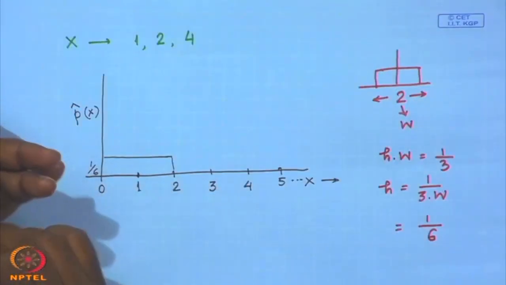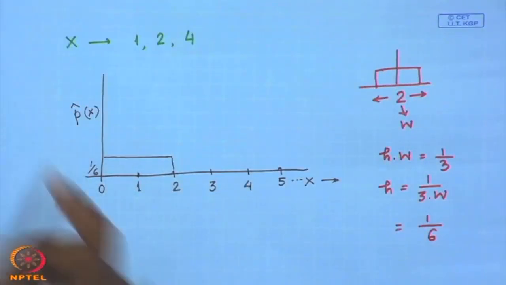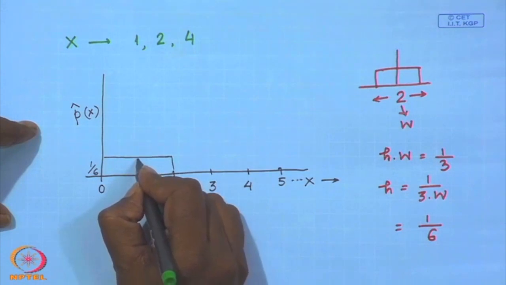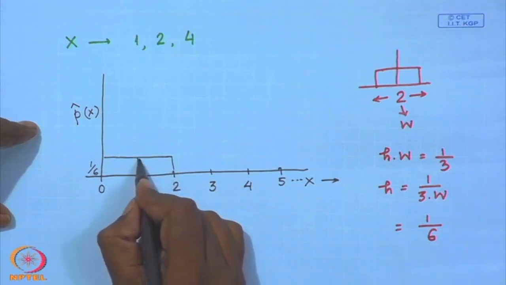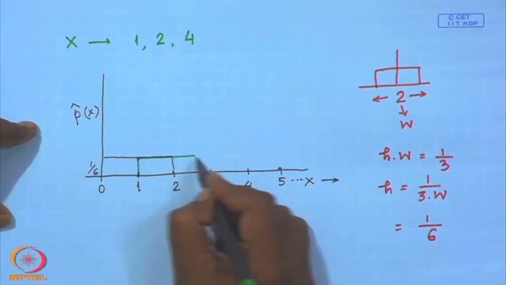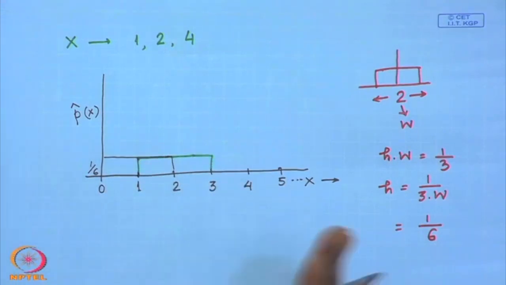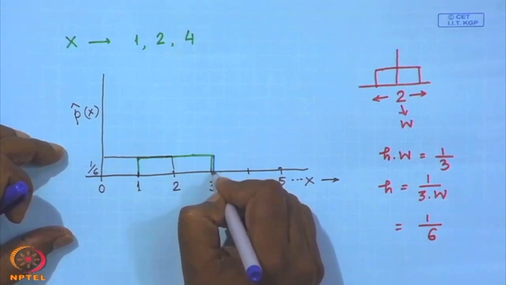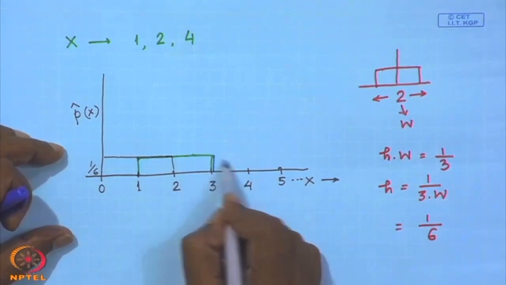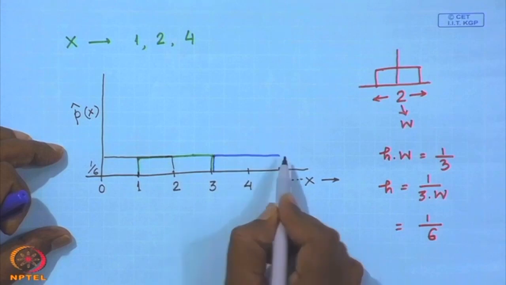So, that window, let me use different colors, will be this. Height remains the same, 1/6, and the window spans from 1 to 3, because the width of the window is 2. And the same window I also place at location 4. So, I will have a window something like this. It spans from 3 to 5.